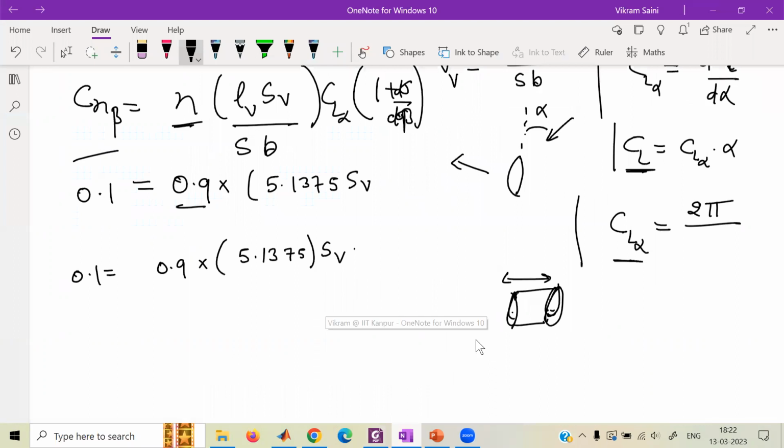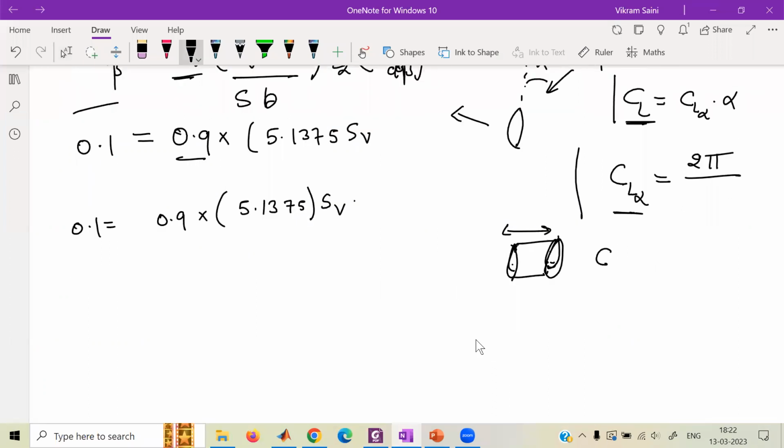So the formula is for a finite wing. Remember, for a finite wing, you write a capital L, and for a theoretical airfoil, you write a small l. Just a difference maker. AR means aspect ratio. Okay, so this is the formula.